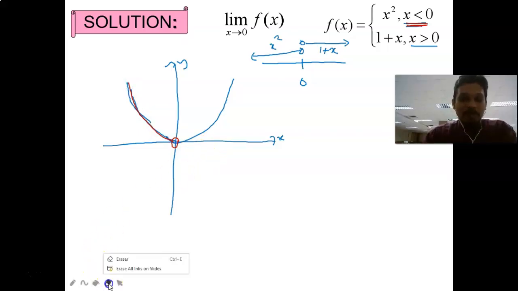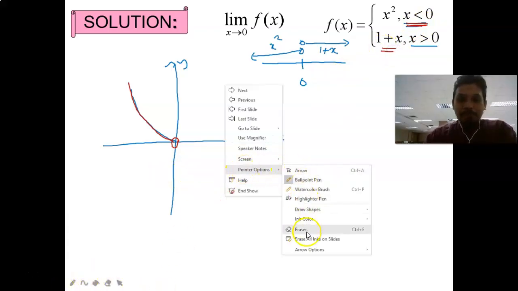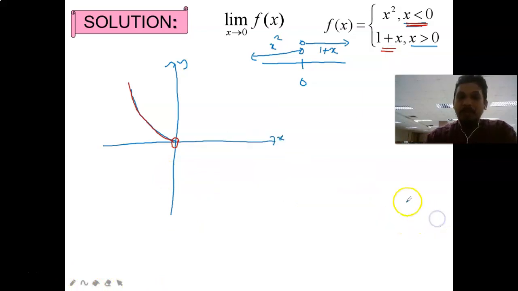So now erase the rest of it. There you go. This is the graph of y equals x squared for x less than 0. And for this other function, when x equals 0, y equals 1.